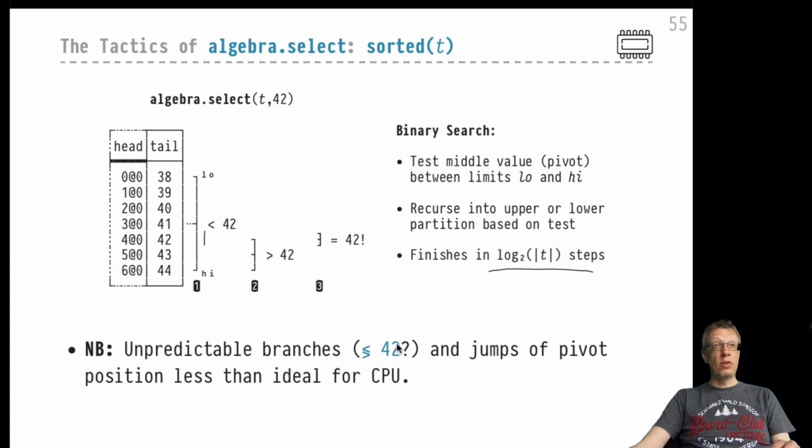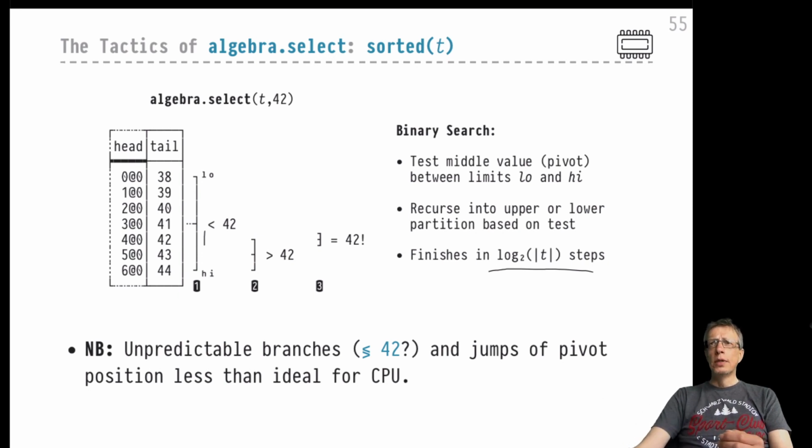So sometimes the search will lead us into the upper or into the lower half of the still active range of the BAT, and we cannot tell beforehand which half it will be. So these jumps are hard to predict. They will lead us into regions of the BAT that may not be in the data cache already if the BAT is large. So that's a cool strategy, but it's less than ideal in the presence of modern CPU architecture and the caches and branch prediction that we've talked about.